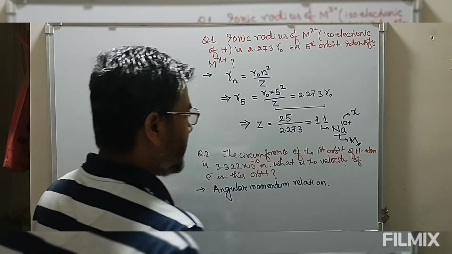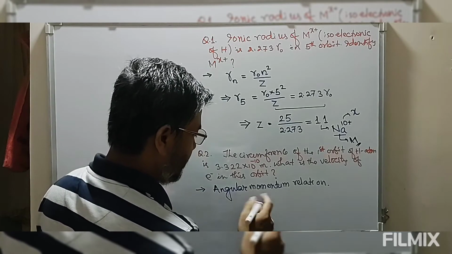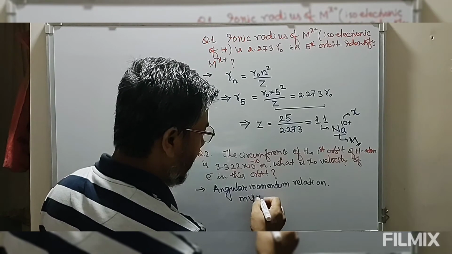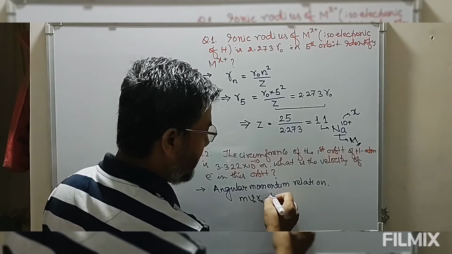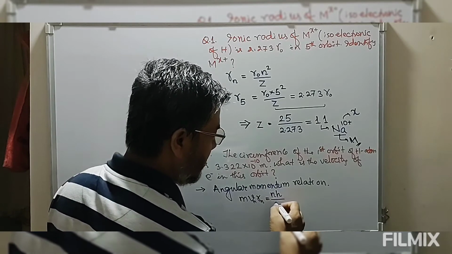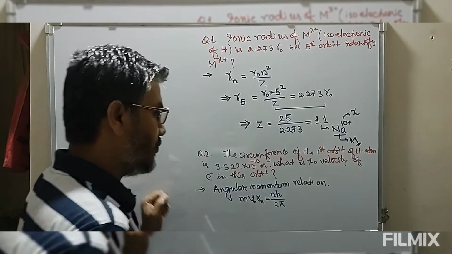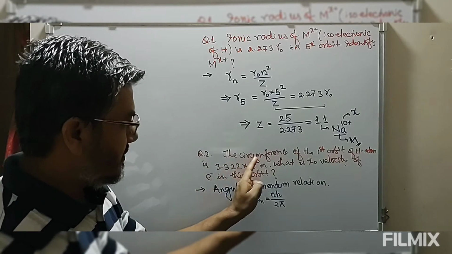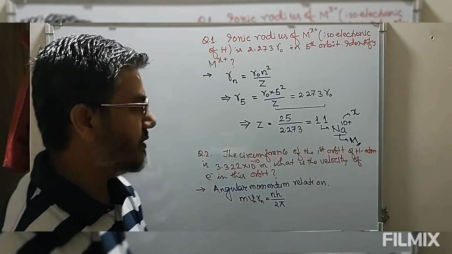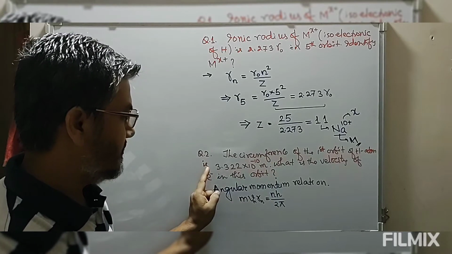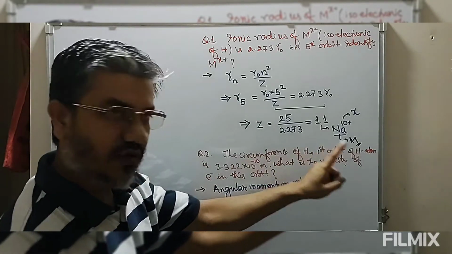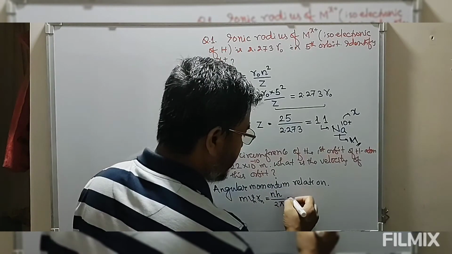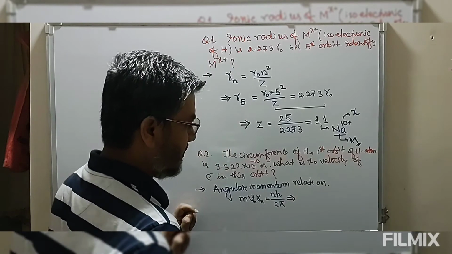So the angular momentum relation says the angular momentum m v r n is equal to some integral multiple of n h by 2 pi. So we have this relationship. So look at this, the circumference of the first orbit of hydrogen atom. So first orbit means n equals to 1, hydrogen means Z equals to 1. So if you look at this, rearrange this equation. Now we have to find the velocity.